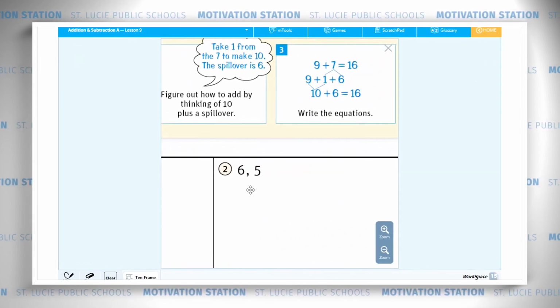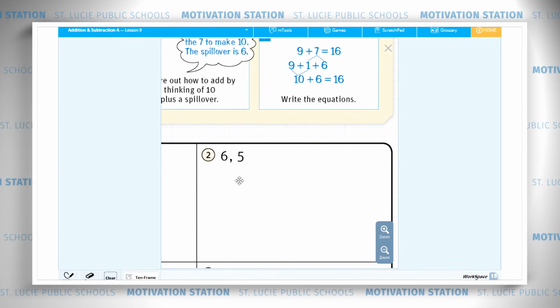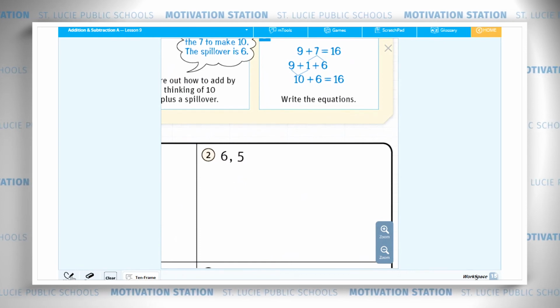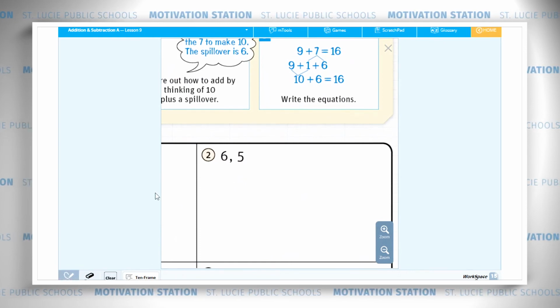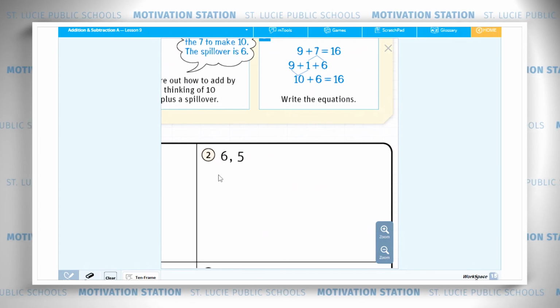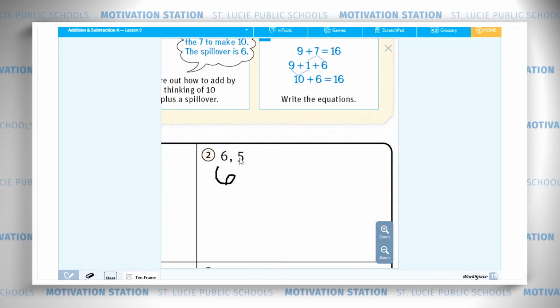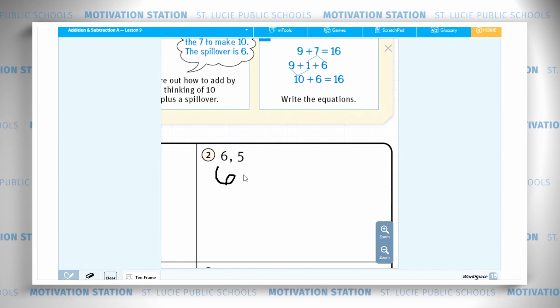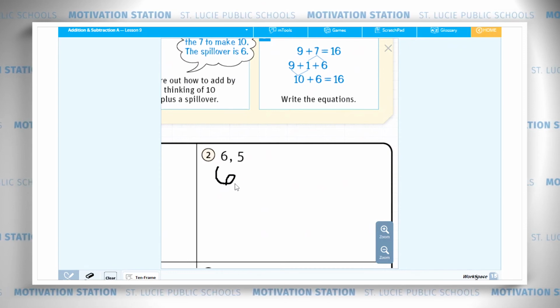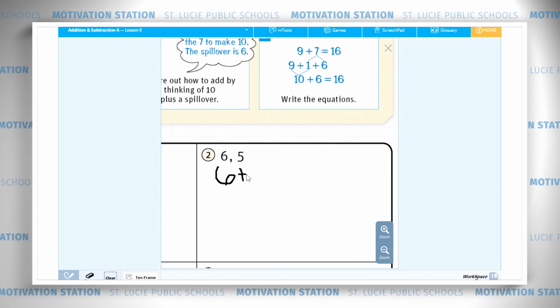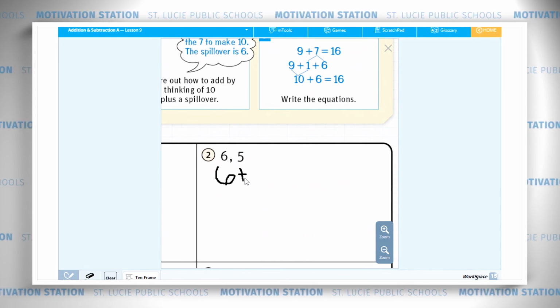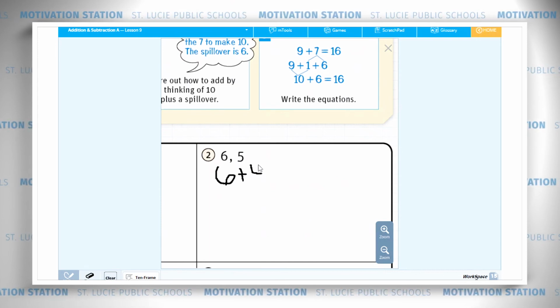Let's try number 2. 6 plus 5. 6 plus what equals 10? Well, if I have a 10 frame and there are 6 spaces, there are 4 left.